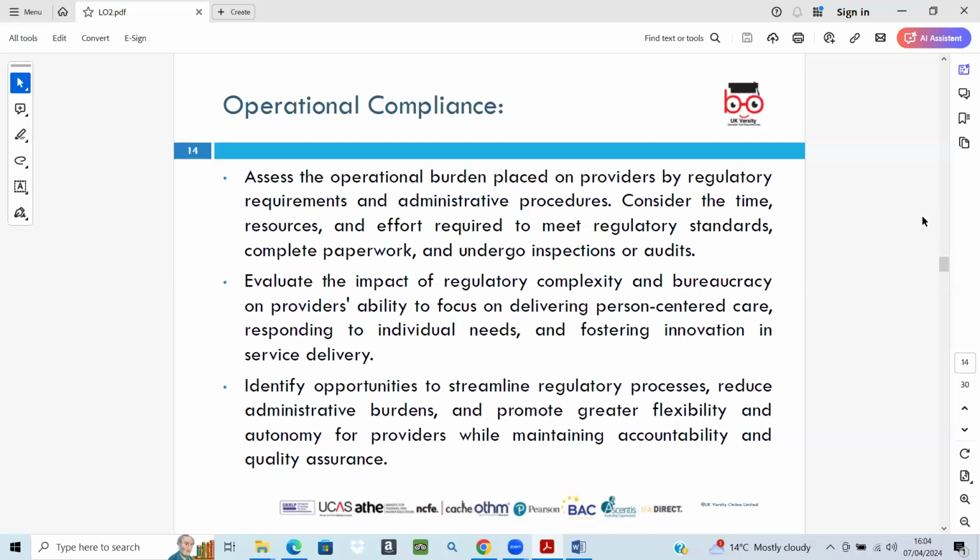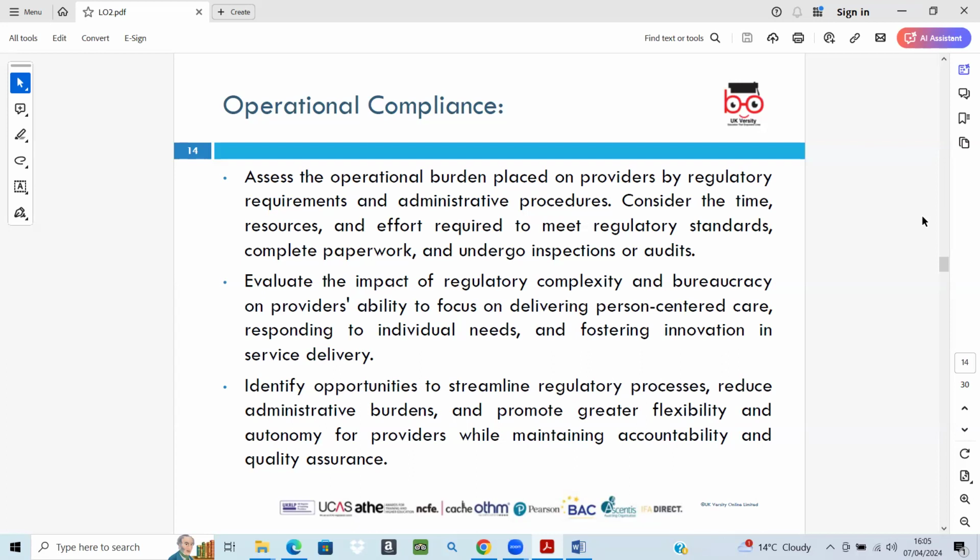We need to examine how regulatory complexity and bureaucracy affect providers' ability to deliver person-centered care, because we always work with person-centered care for every individual. So we need to consider whether regulatory requirements constrain flexibility in responding to individual needs. But we always follow the individual needs of the person.